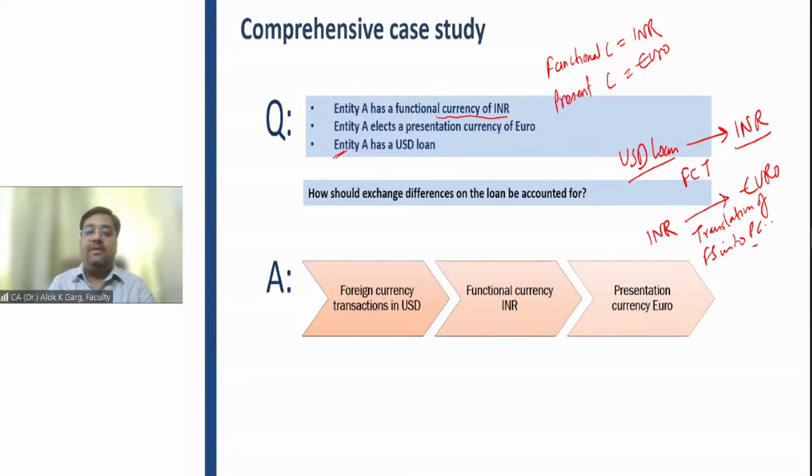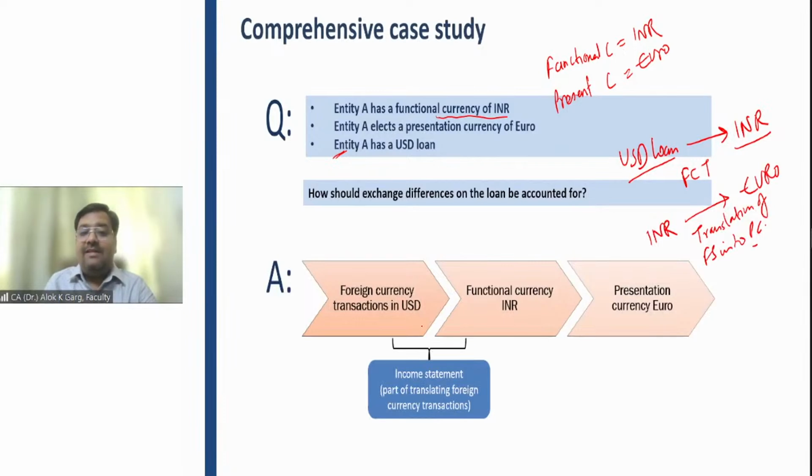In the foreign currency transaction in US dollar, with local currency INR, whatever exchange gain or loss there is will go to P&L. It is part of translating a foreign currency transaction.